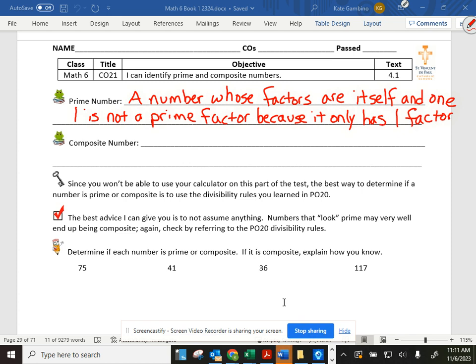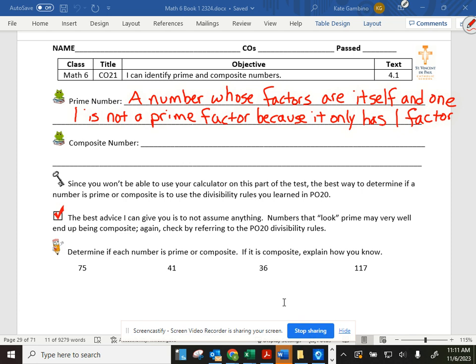So if we look at the first few numbers, 1 cannot be prime because there's only one factor, 1. 1 times 1 is 1. Is 2 a prime number? 2 times 1 is 2. Can I do any other multiplication factor buddies to get to 2? No. What about 3?